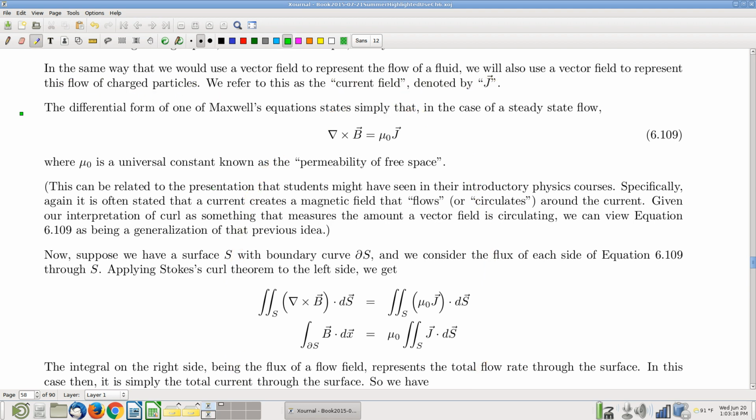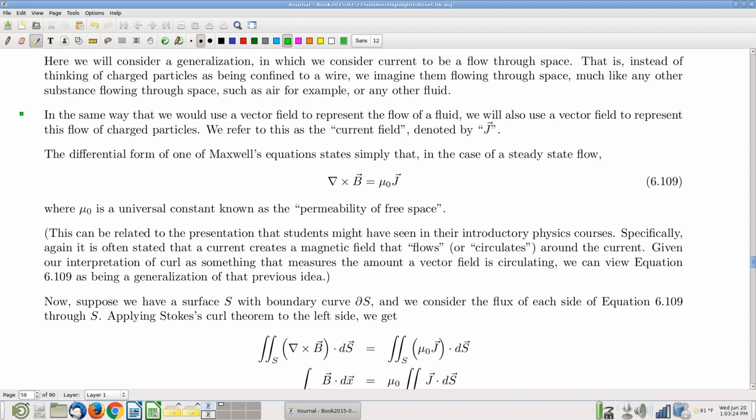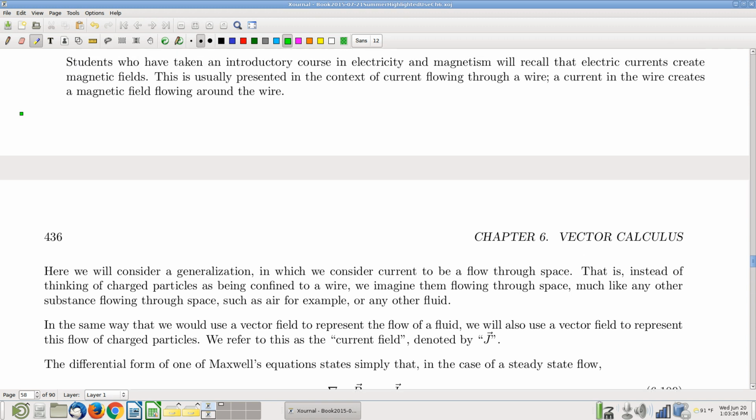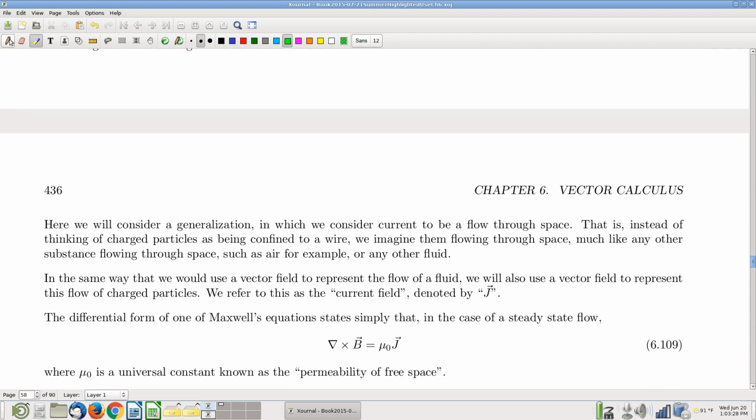So I'm going to talk about magnetic fields just a little bit. Y'all probably remember this from a physics class. If you have a current in a wire, so a bunch of charged particles, usually electrons, flowing in a wire, you have current in that direction.